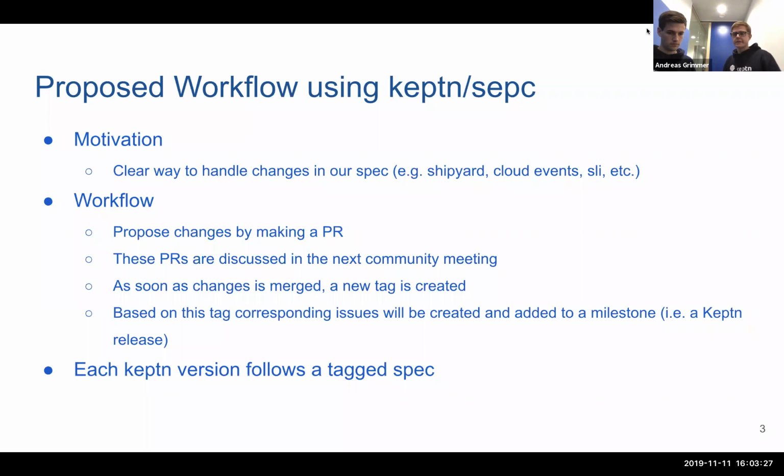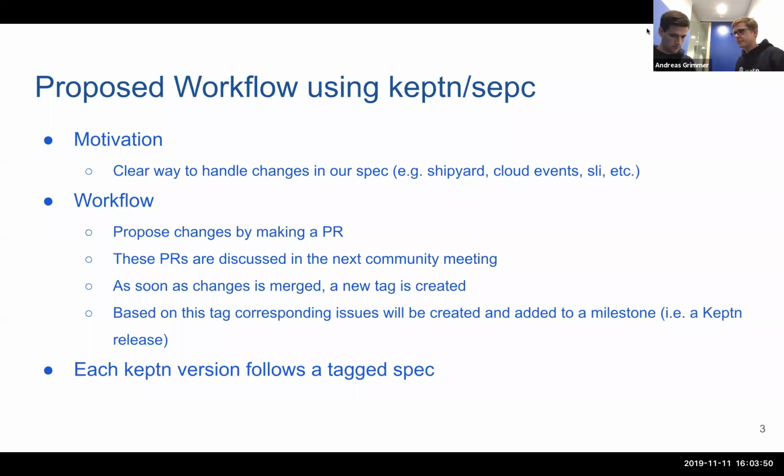As soon as a pull request gets merged into the repository, we will then tag the specification. Based on this tag, we will then continue implementing the specification. And there's also a correlation between a Keptn release and the specification it is based on.